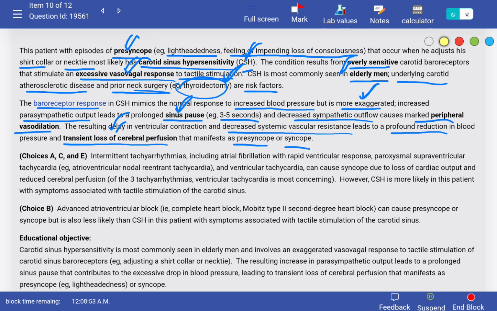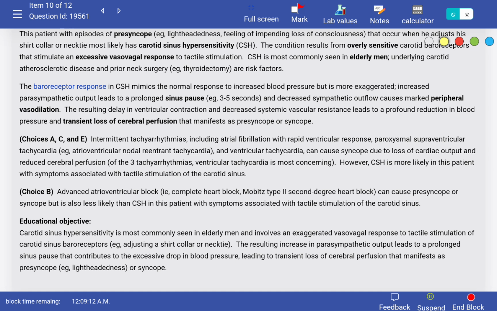Okay, why not option A, C, and E? Because intermittent tachyarrhythmias, including AFib with rapid ventricular response, paroxysmal supraventricular tachycardia, for example, AVNRT, atrioventricular nodal reentrant tachycardia, and ventricular tachycardia, can cause syncope due to loss of cardiac output and reduced cerebral perfusion.